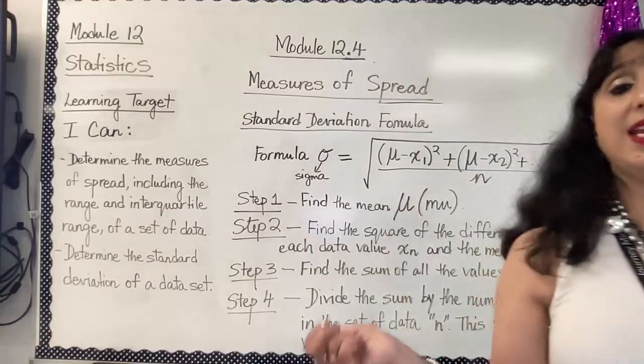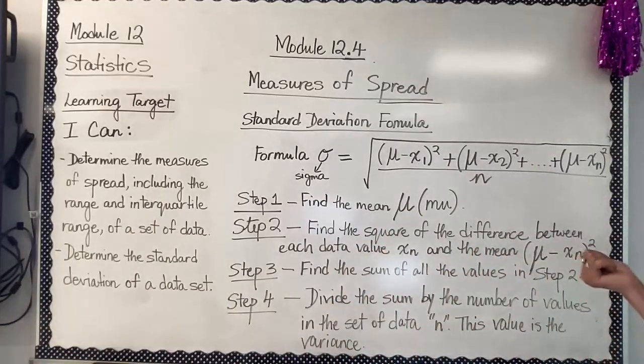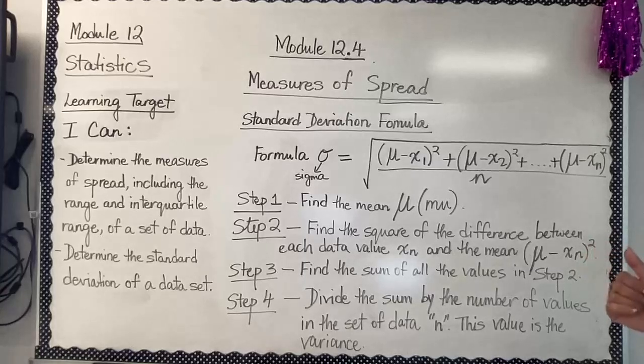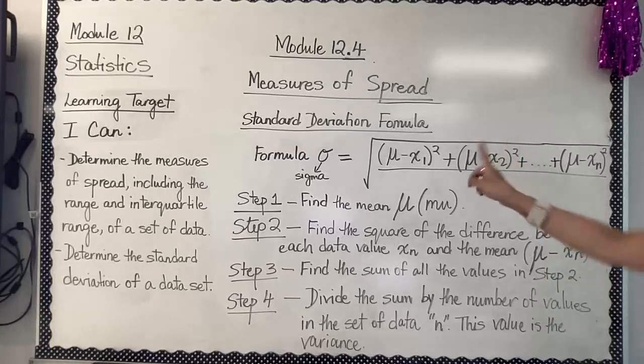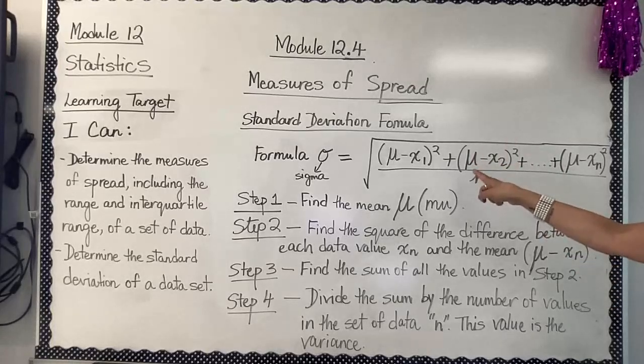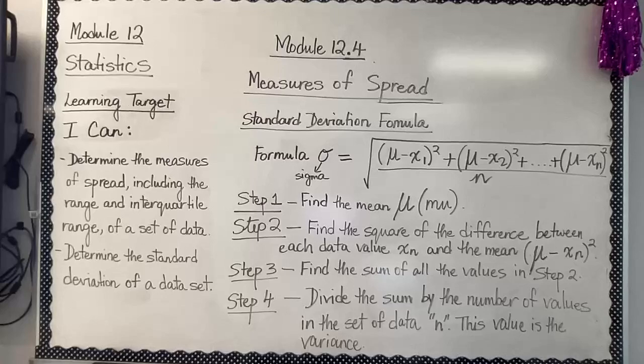But in this case, look at the standard deviation formula. Standard deviation and mean absolute deviation again are different measures of variability. They are calculated differently. Standard deviation uses the square of the deviations from the mean, while mean absolute deviation uses the absolute value of the deviations.